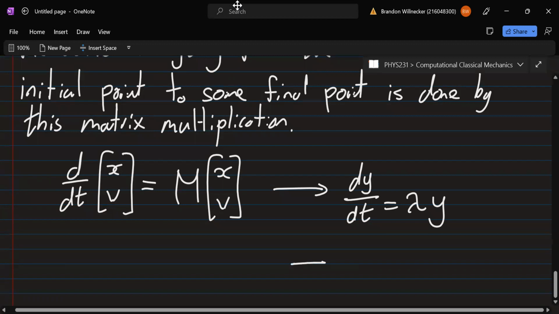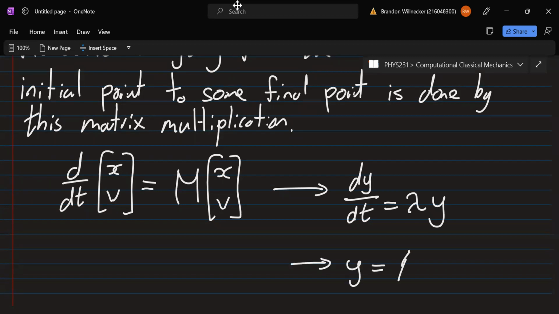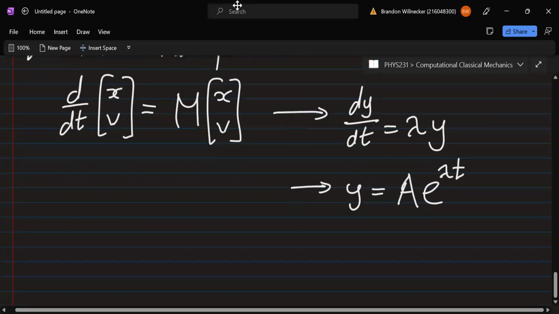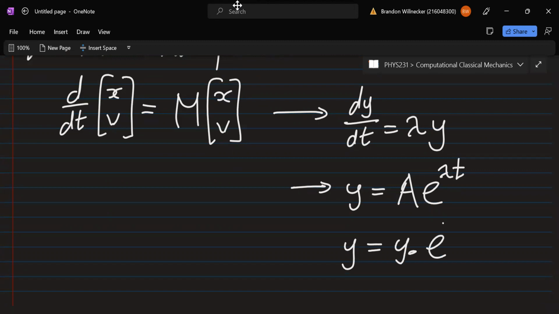And we know that this gives us a solution: y is equal to some constant a, e to the lambda t, where a is our initial condition. Because when we substitute t equals 0, we just get a. So we can write this as y is equal to y0 e to the lambda t.